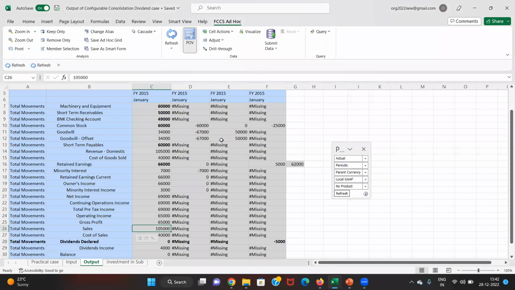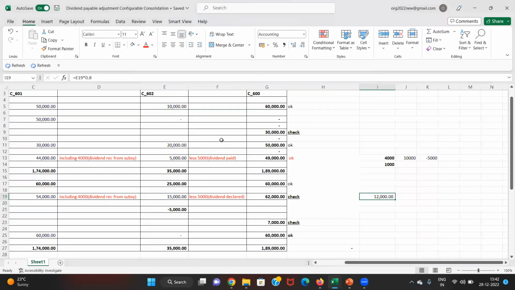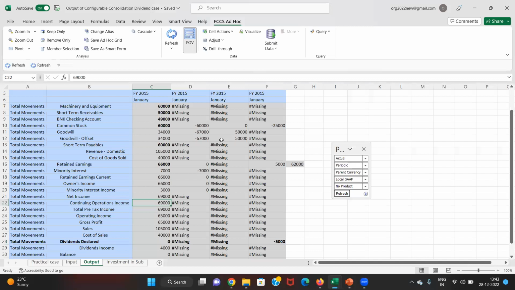So 12,000 of the subsidiary is getting rolled up. Ideally it should have been 8,000, but it's now getting rolled up as 12,000. So the difference of 4,000 in excess is getting rolled up to the retained earnings. Ideally my retained earnings should be 62, but it is getting rolled up as 66.